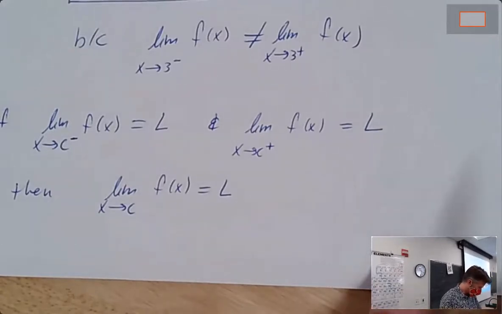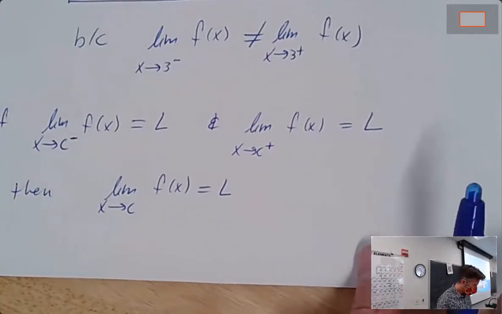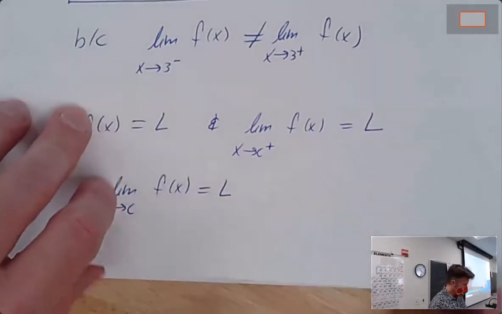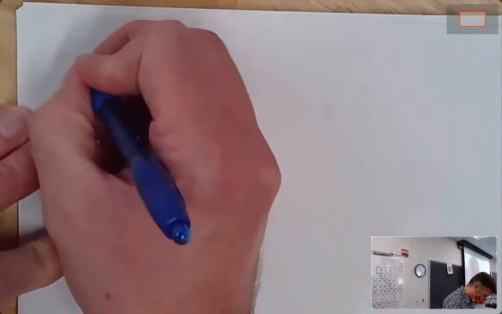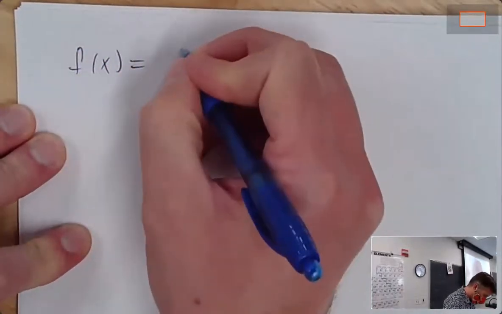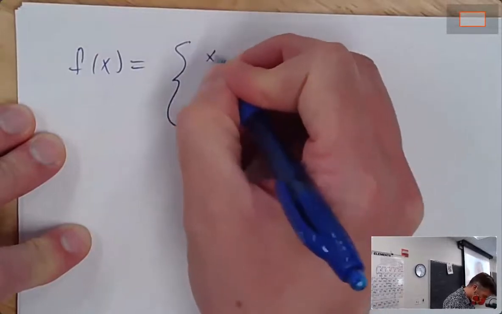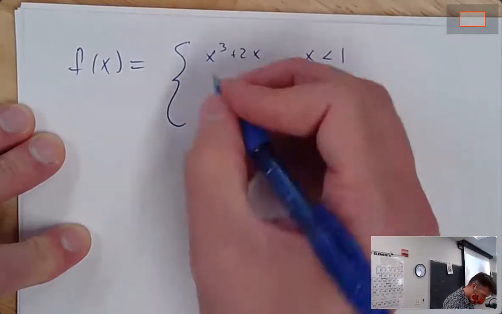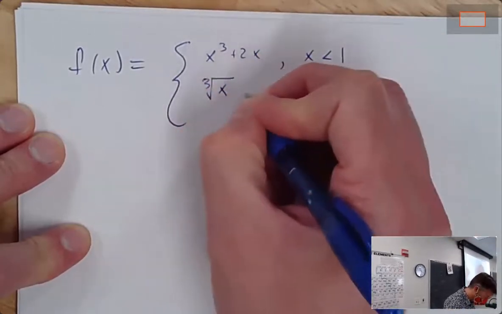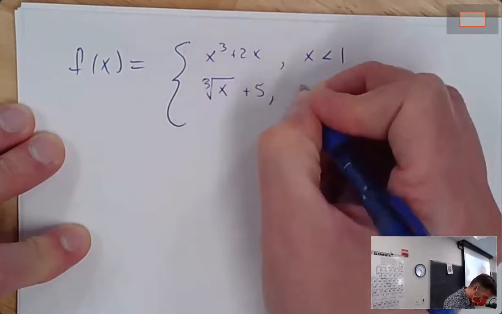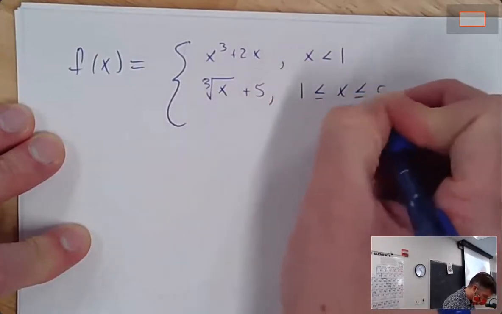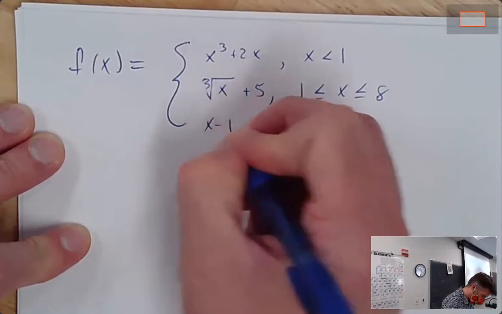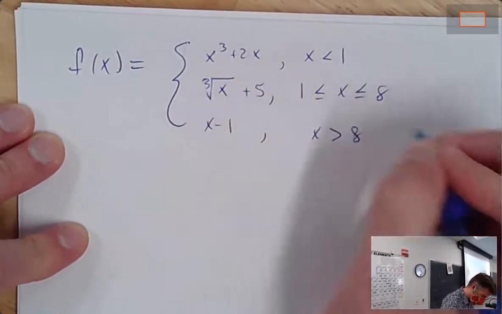Let's see here. So let's look at some other piecewise functions. So let's look at f of x equal to x cubed plus 2x when x is less than 1, the cube root of x plus 5 when 1 is less than or equal to x is less than or equal to 8, and x minus 1 when x is bigger than 8.